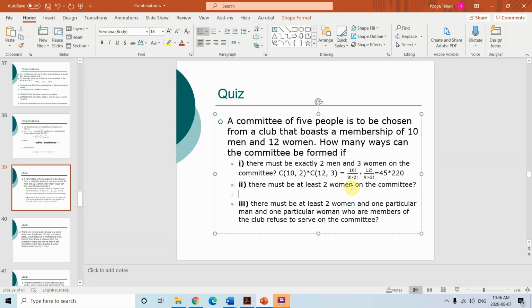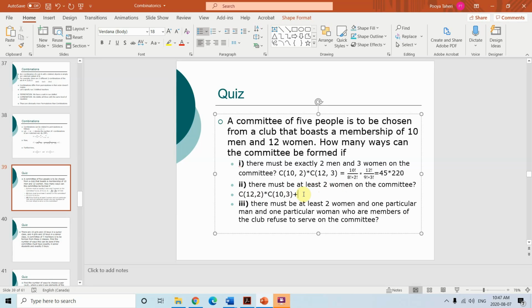But in each case, let's say if you want to select 2 women out of 12, then we have this many options for doing that. And then we also have to select 3 men out of the 10 that we have. This is the first case, where we have exactly 2 women and 3 men.